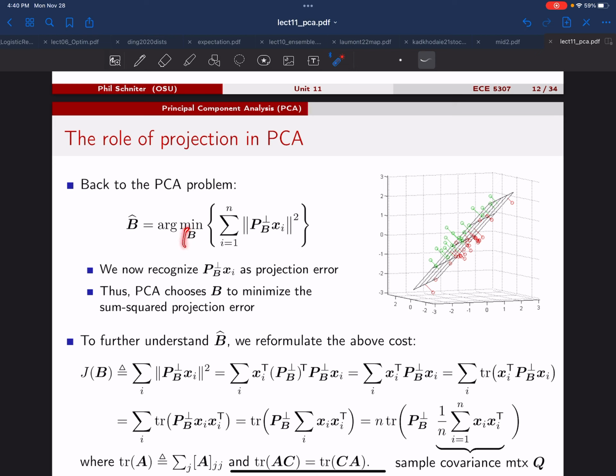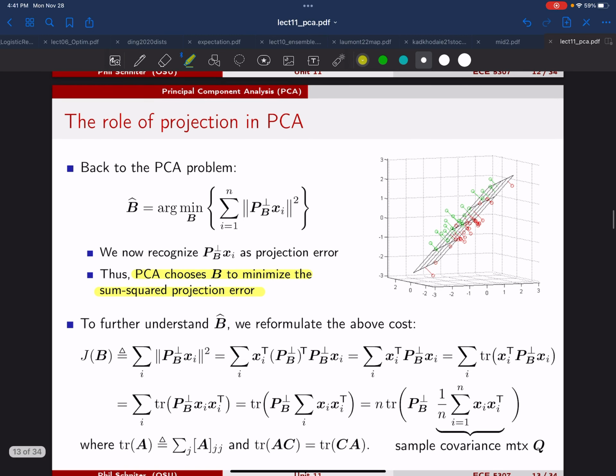B defines how the plane is tilted, where it lives. We just keep moving that around until the sum of the squared projection errors is as small as possible. That's what PCA is doing. It's actually kind of intuitive. So let me highlight that: PCA chooses B to minimize the sum squared projection error.